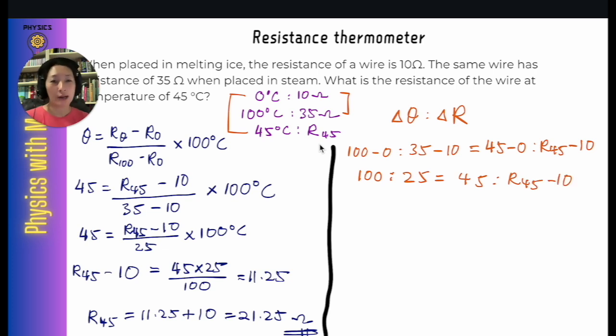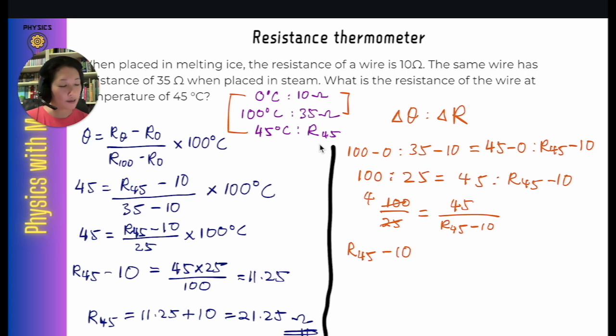So remember, ratios can be converted to fractions. So this gives us 100 divided by 25 equals to 45 divided by R45 minus 10. And from here you can solve this. So I'm going to simplify because this gives us 4. We're going to exchange positions this way. R45 minus 10 gives us 45 divided by 4.